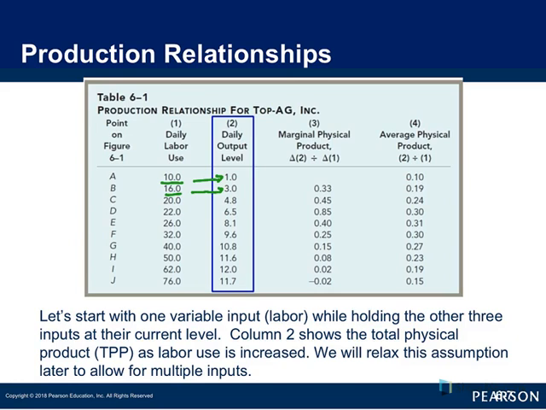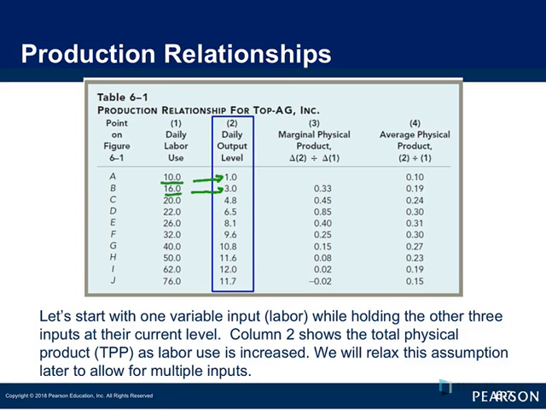Now, when we look at the marginal physical product, this is just the amount of output created per unit of labor on the average. And so we can say, as we add in labor, every single hour has created 0.33. So you can tell that when we added those 6 hours, it increased 2 units of output. So 3 minus 1 is 2. So those 6 units of daily labor increased 2.